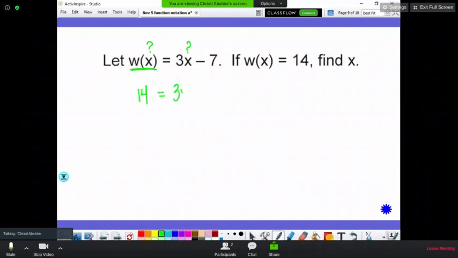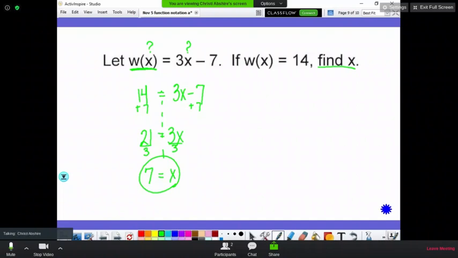Then I recopy and solve. I'm going to add 7 on both sides. Then I'm going to divide by 3 on both sides. And I get x equals 7. I was told to find x, and I do have x.